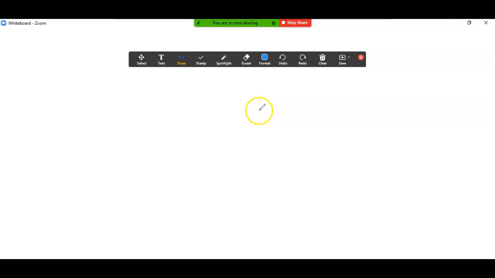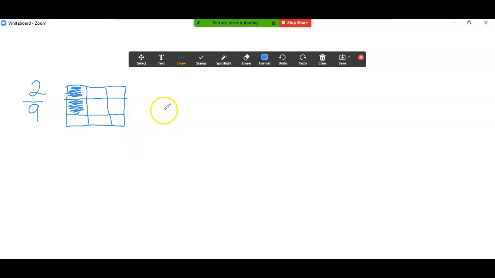All right, so these next two, we're going to do the models, and then I'm going to give you some blanks, okay? I'll show you what I mean. So now I have 2 9ths, okay? 9ths, I usually like to draw kind of a rectangle and do 3 rows and 3 columns. So I have 2 9ths. Now, I want you to tell me what is going to go in these blanks.